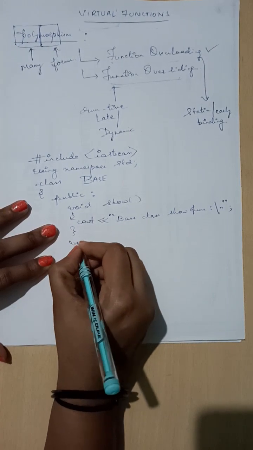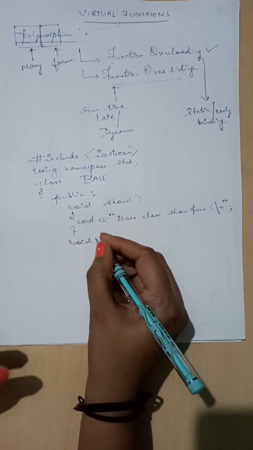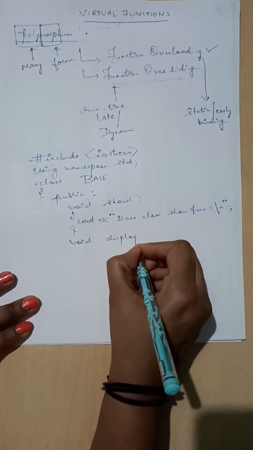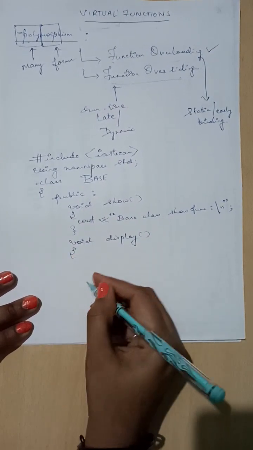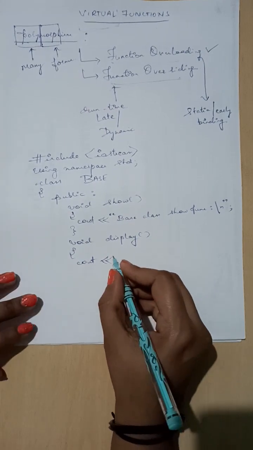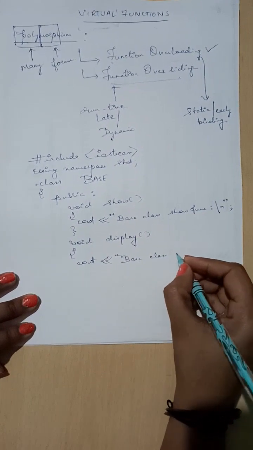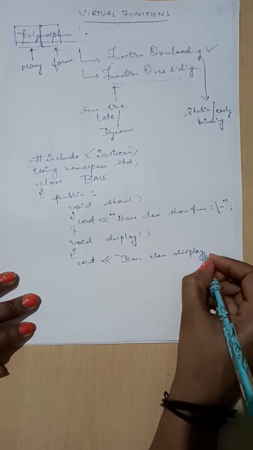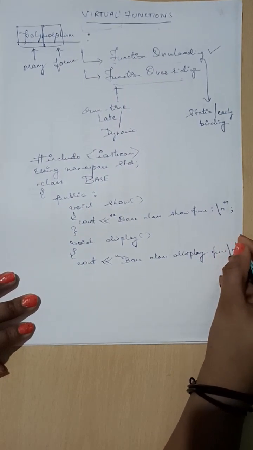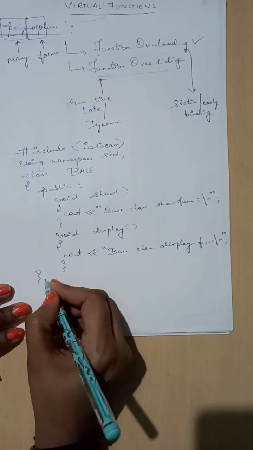So similarly I do define void display, and let me print a statement onto the console screen saying that it is a base class display function, new line character, and then close the function and close the class definition.